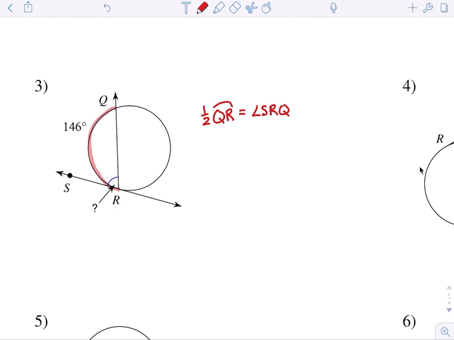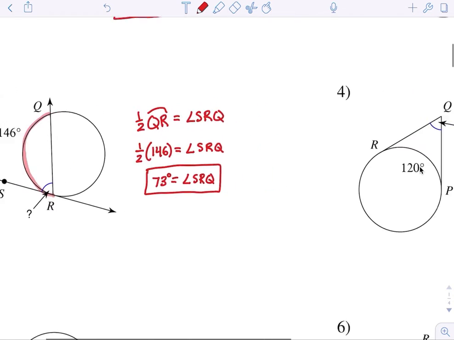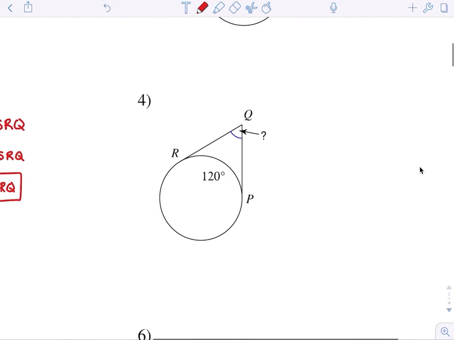Well, we know that arc QR is 146, so 1/2 of 146 is equal to angle SRQ. And 1/2 of 146 is 73 degrees. So we know that angle is 73 degrees.